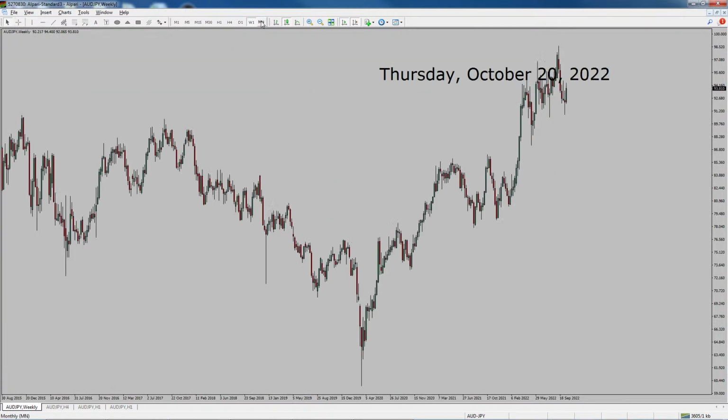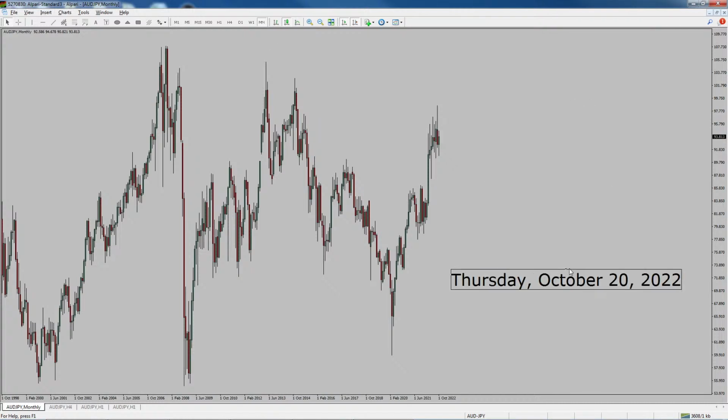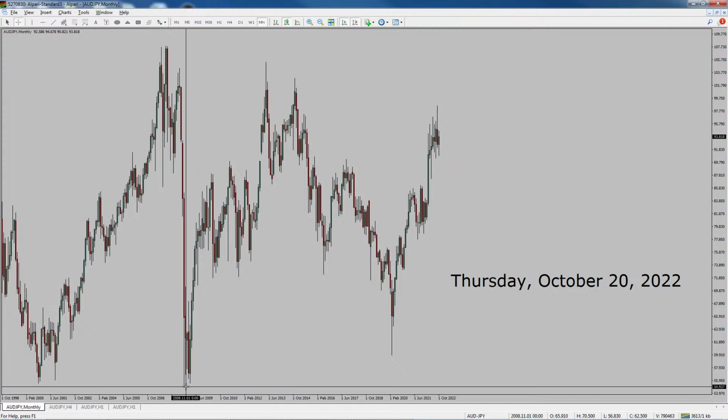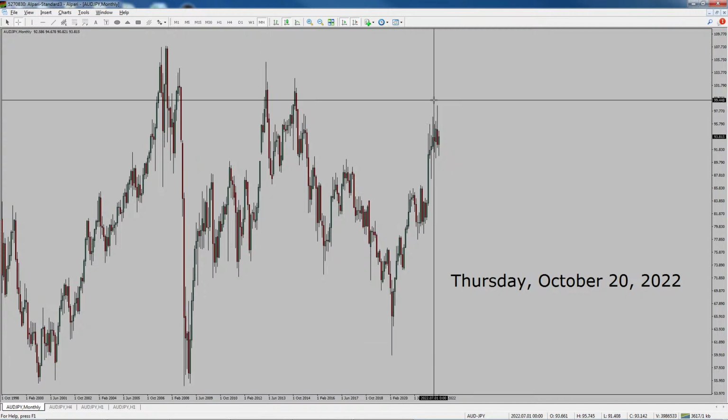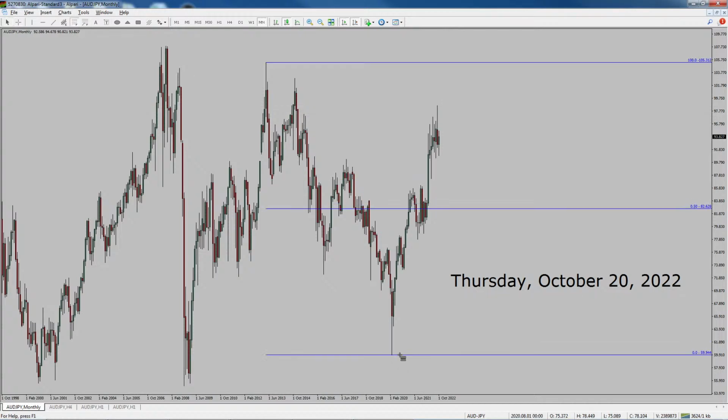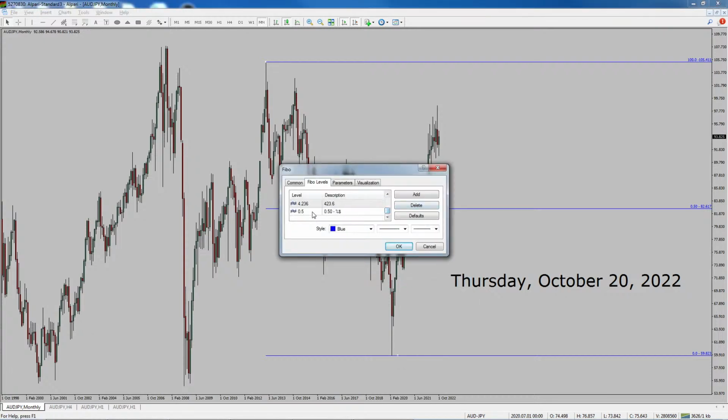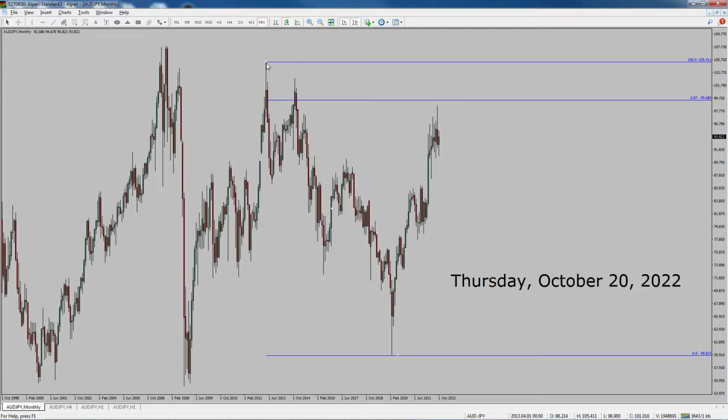And it's not just an assumption, because if you look at this monthly chart, this is most likely wave A, B, C, D. 0.87 missed.